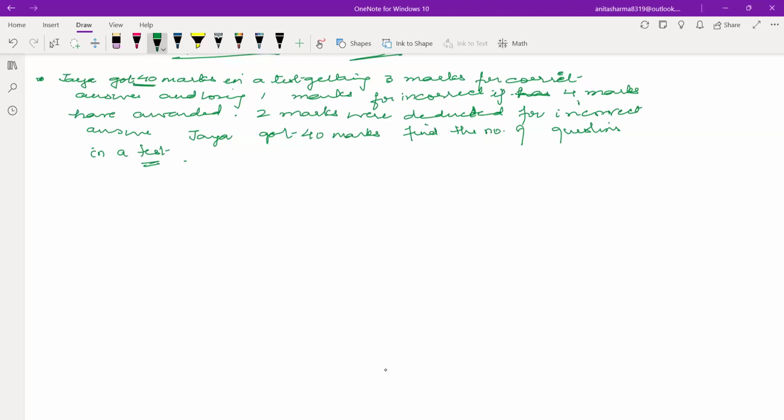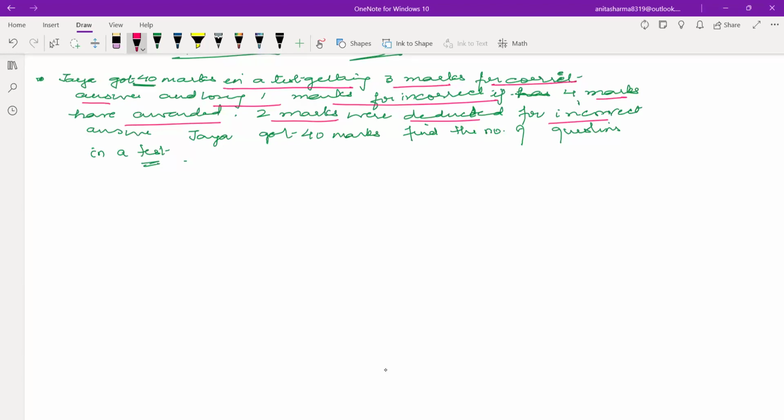Jaya got 40 marks in a test, getting 3 marks for a correct answer and losing 1 mark for an incorrect answer. If 4 marks are awarded and 2 marks are deducted for an incorrect answer, there are 2 conditions, beta.